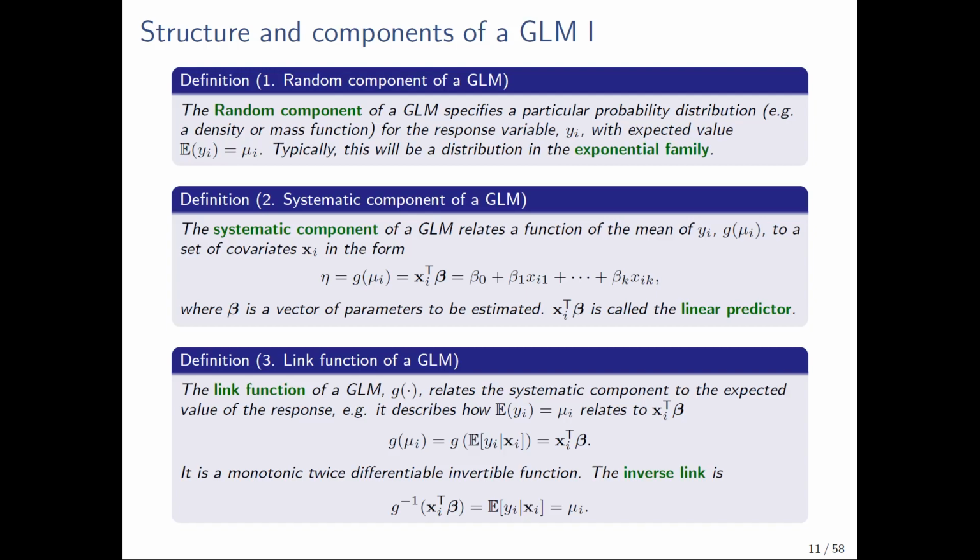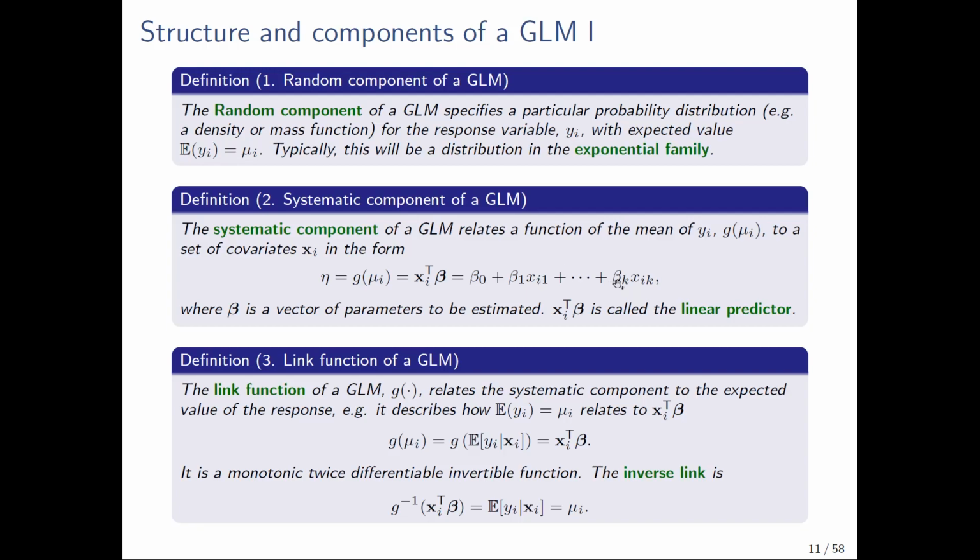Second, we have the systematic component, and this should look quite familiar. The systematic component relates a function of the mean of yi, g of μi, to the covariates, and it does so in the form of η equals xi transpose β.